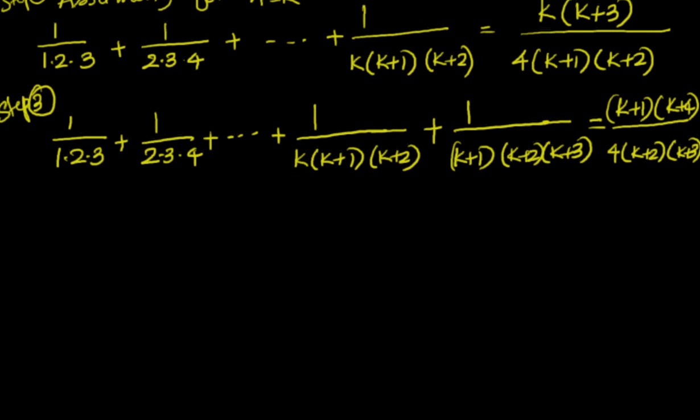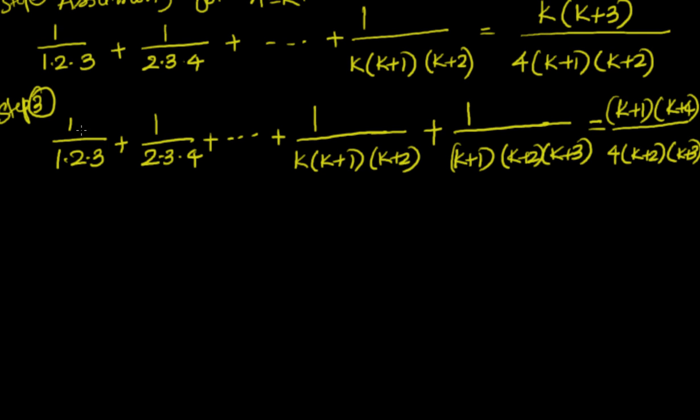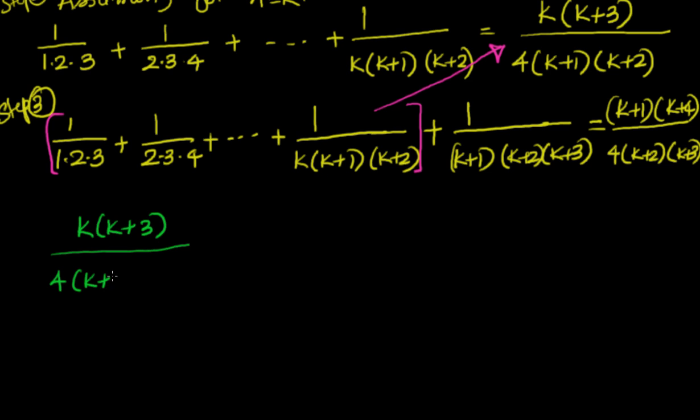So what I will do now is, I know already the sum of the k terms is equal to the RHS value whatever we have assumed. So I can write the sum from first term till kth term as k into k plus 3 by 4 into k plus 1 into k plus 2.